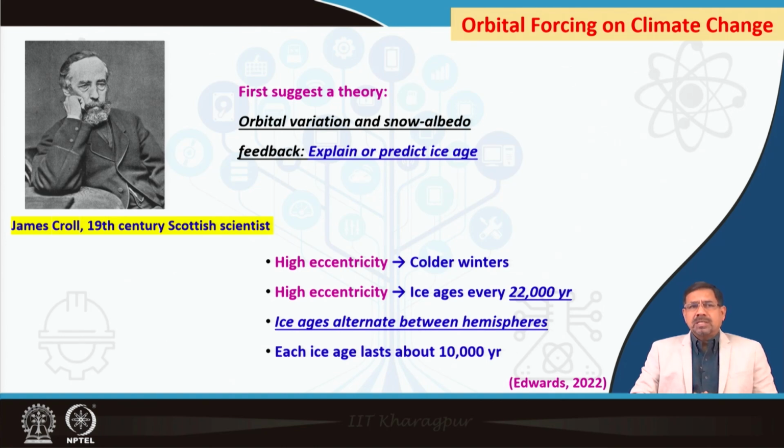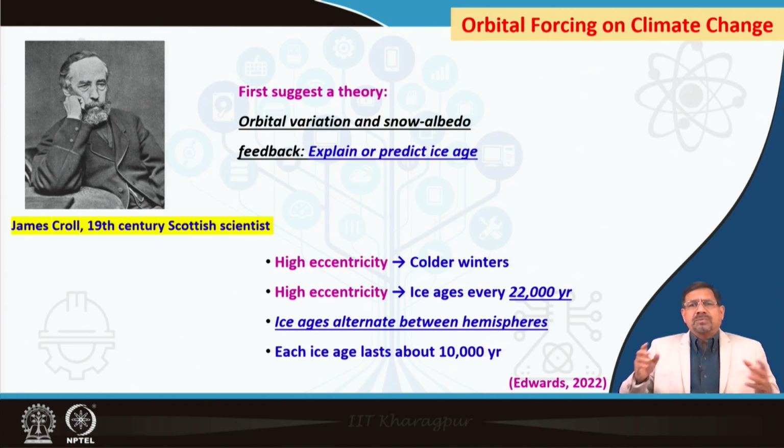This gentleman, James Croll, in the 19th century, he is a Scottish scientist. It is his idea, it is his brainchild, it is his proposition for the first time to the world that there could be orbital variations and variation in the snow albedo. So, he for the first time thought and provided this information to explain the orbital forcing contribution to climate change.